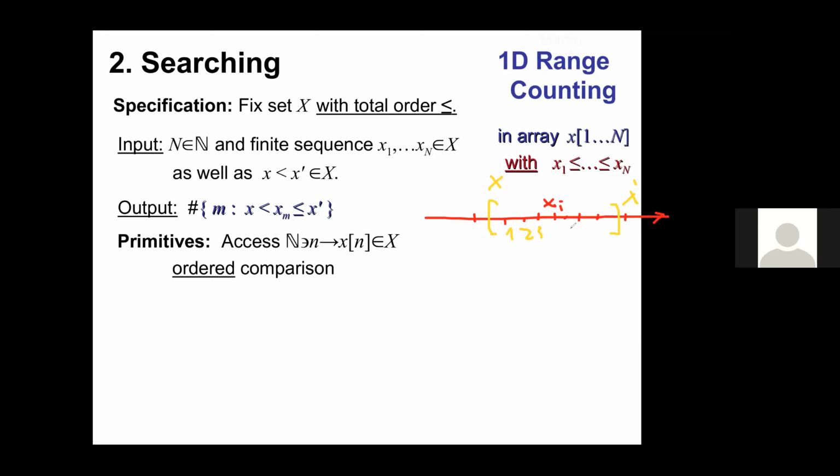So 1, 2, 3, 4, 5, 6, 7. So there are 7. This is what this is supposed to do.